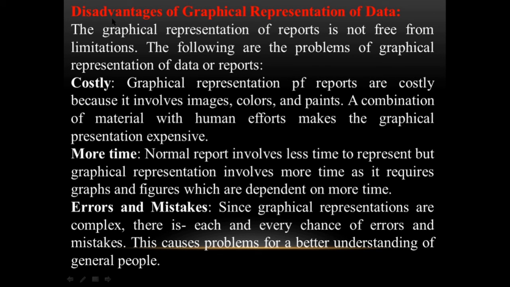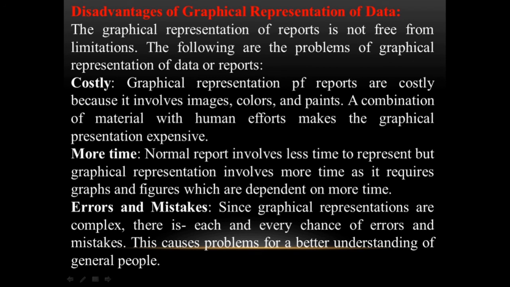Now, disadvantages of graphical representation of data. The graphical representation of reports is not free from limitations. The following are the problems of graphical representation of data or reports. Costly. Graphical representation of data reports is costly because it involves images, colors, and paints.